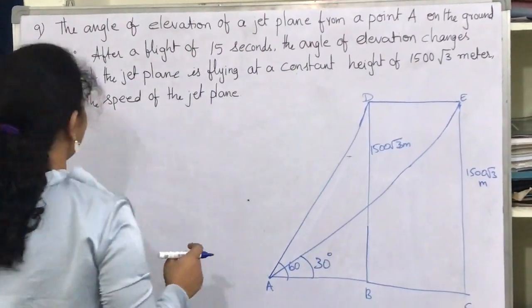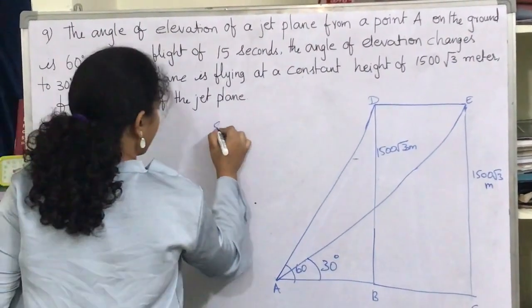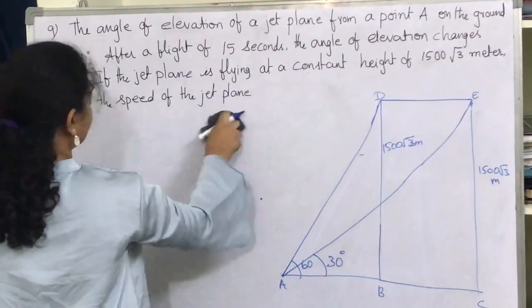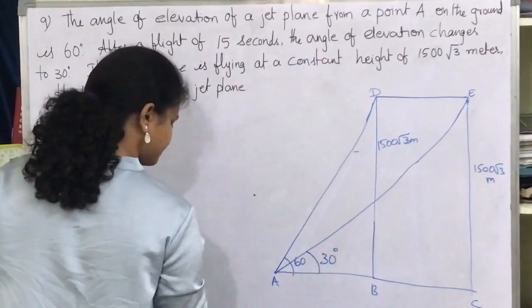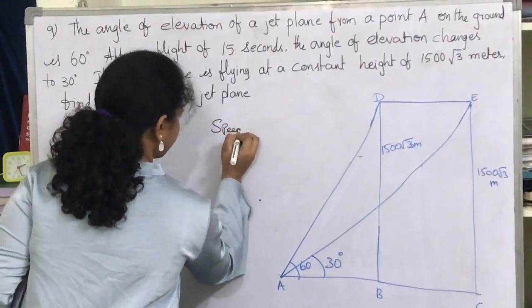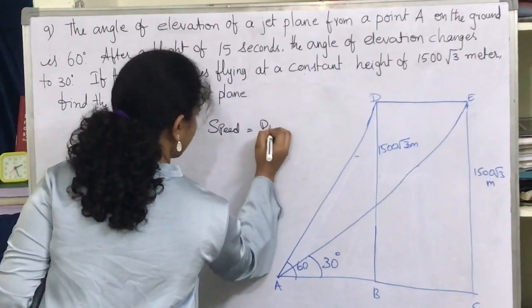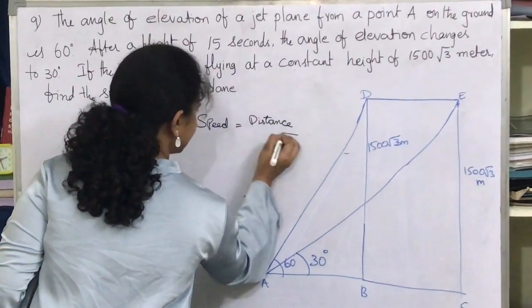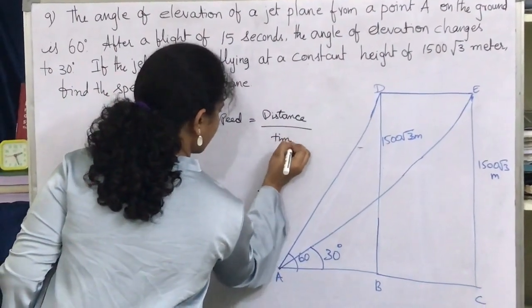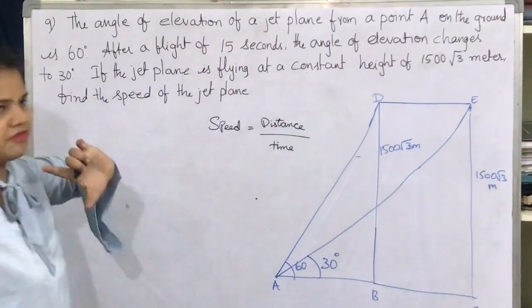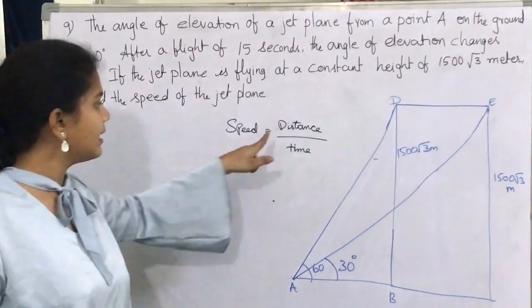Here we know a formula where speed equals distance upon time. Distance by time. Okay, so we got the time, where time is 15 seconds, but we need distance.